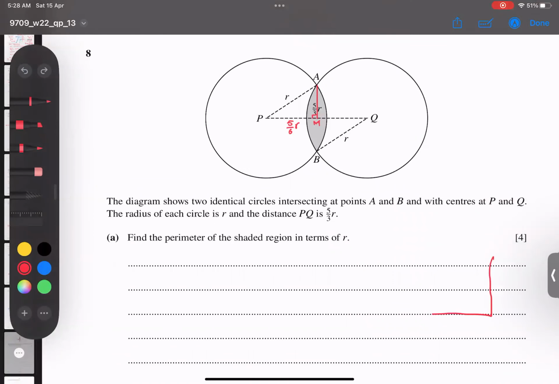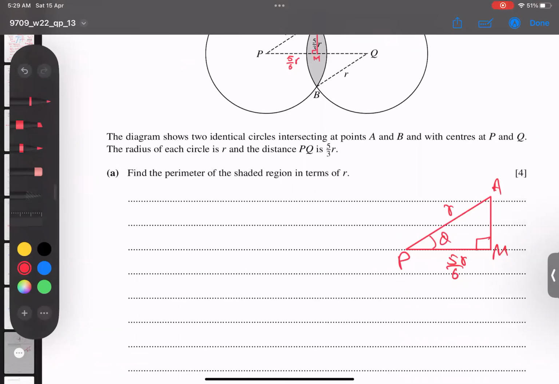Now I make a triangle. This is 90°, this is A, this is M, and this is P. This is 5R/6, and this is R, and this is the angle theta. First of all, my task is to get theta. How to get theta, students? Adjacent by hypotenuse is cos theta.